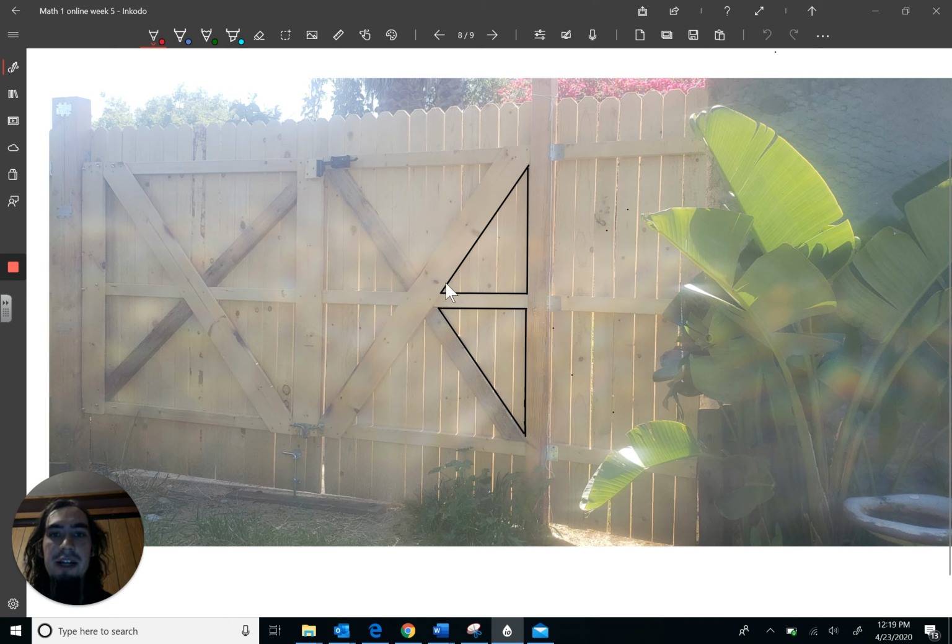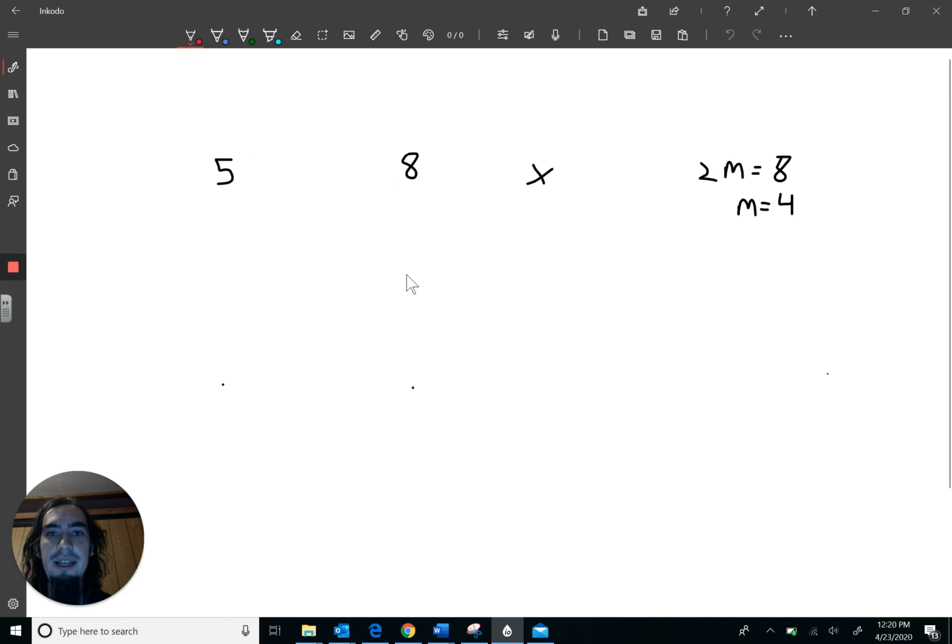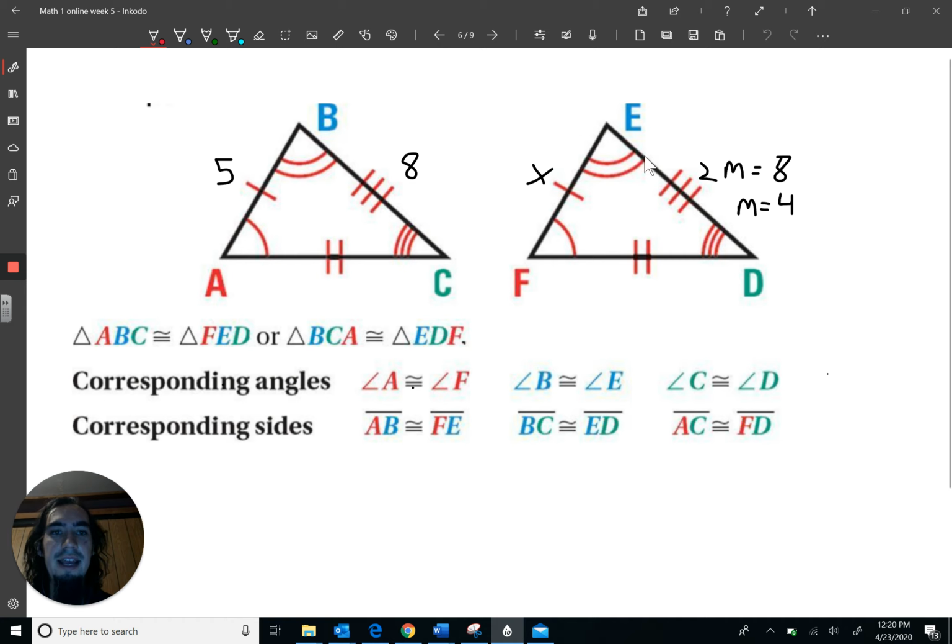But the triangles here I outlined, I'm going to make use of the postulates, the SSS and the SAS that we just talked about, to see if these 2 triangles are congruent in my gate. And how am I going to do that? Well, I have more than 2 ways, but one of the things I could do is see all the sides and all the angles, and see if all the sides line up and if all the angles line up.